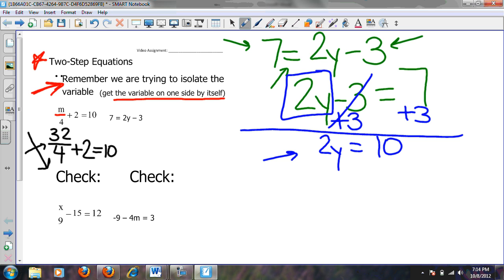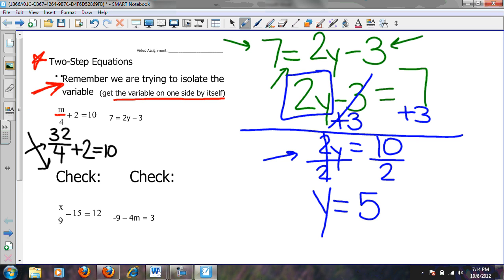The inverse of multiplication is division. If I were to divide by 2, 2 divided by 2 is 1. 1 times y is y. Do the same thing to both sides. 10 divided by 2 is 5.